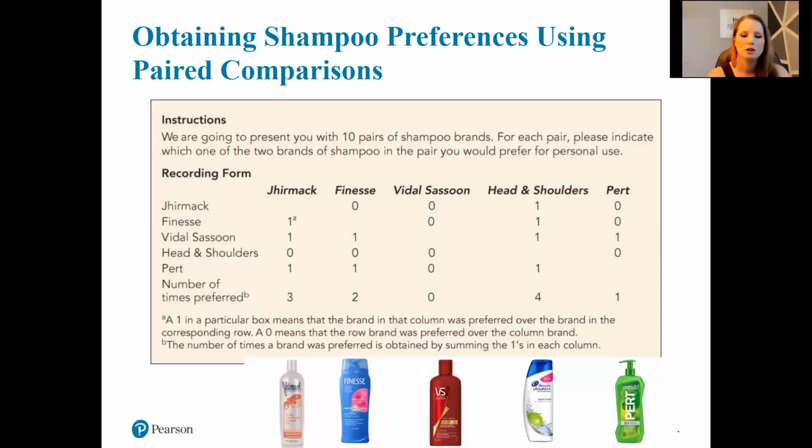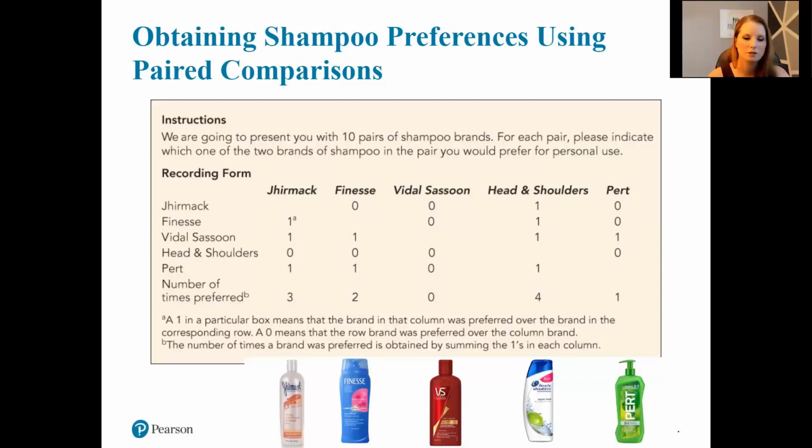So you would look at all the different possibilities: Zermatt versus Finesse, Zermatt versus Vidal, Zermatt versus Head and Shoulders, Zermatt versus Pert. Then we'd have Finesse versus Vidal, Finesse versus Head and Shoulders, and so on and so forth. And for each of those pairs, the respondent is going to select one.